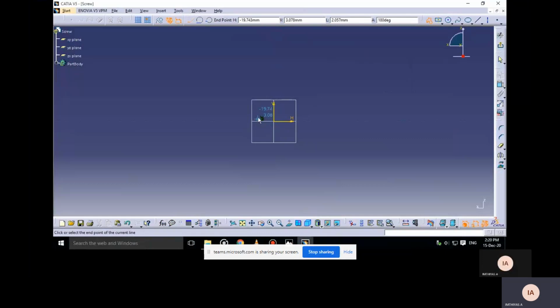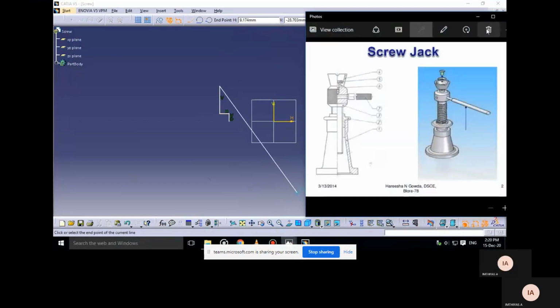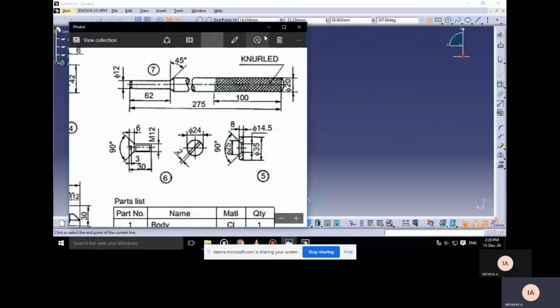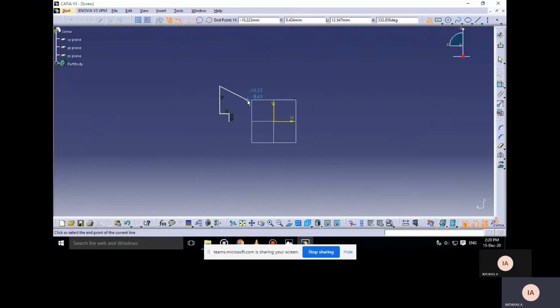So using the profile, we will draw a profile of the screw. Then we will give the dimensions from the center.